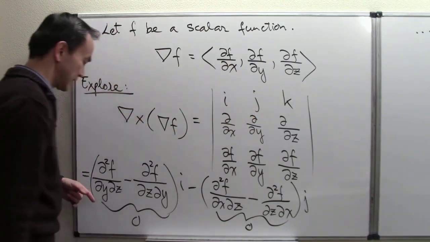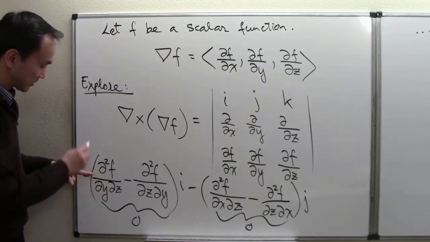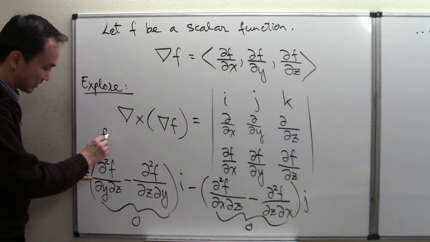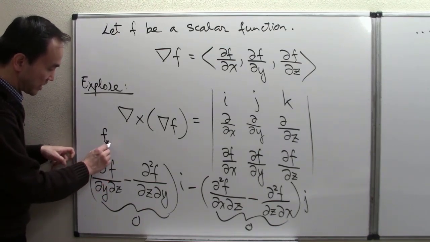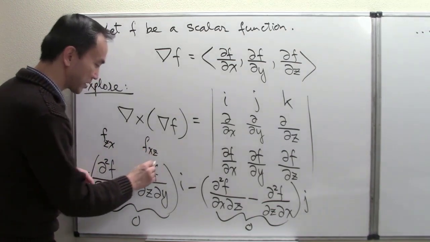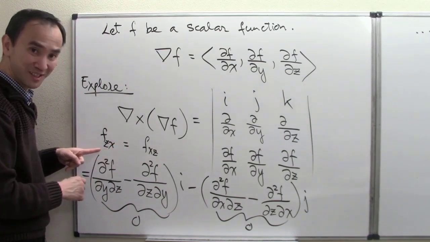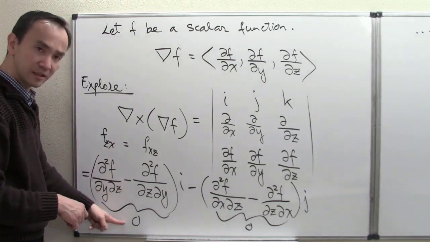So why is that? This is a second partial derivative. Think of this here as f zx, whereas this here is f xz. We have already had that theorem saying that these are always equal, right? That's why the difference here comes out 0.